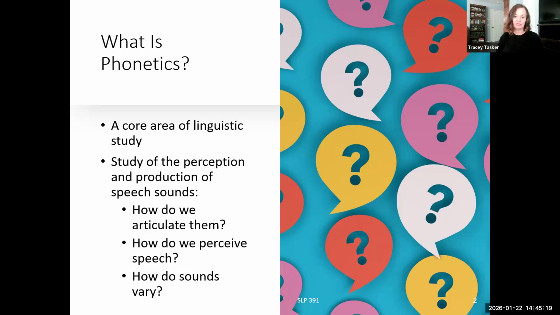So, for example, if you think about the R sound, people make the R sound in different ways. There's actually up to 32 different ways based on the environment of where R is produced and how it's produced. So it's very important as we go through this to understand this is a very complex topic, phonetics.